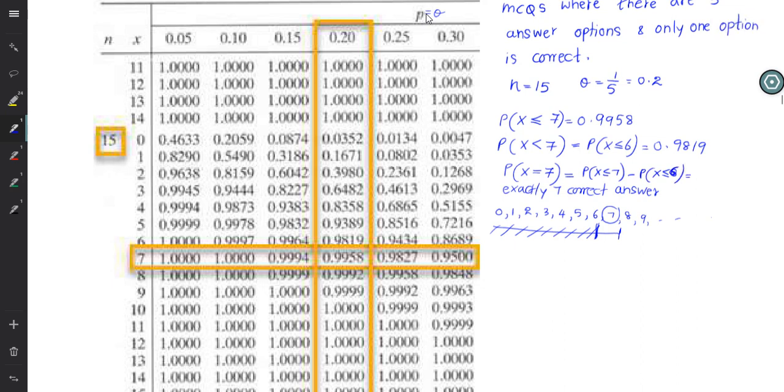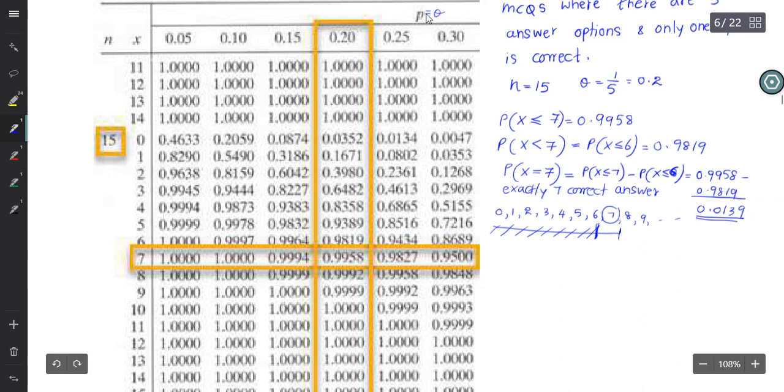You read the table up to 7, which is 0.9958. Then you subtract the unwanted stuff, which you already know is 0.9819. If you do this subtraction, you get exactly P(X = 7). So this is very, very easy. If you look at this table, you have 0.9958 and subtract the one exactly above it. Right? So this is very easy.